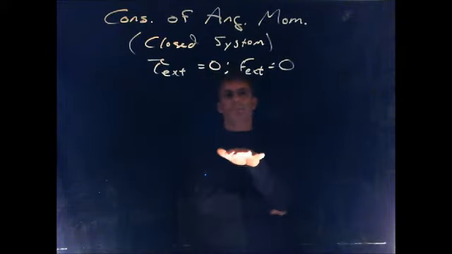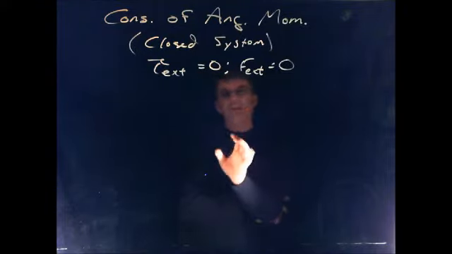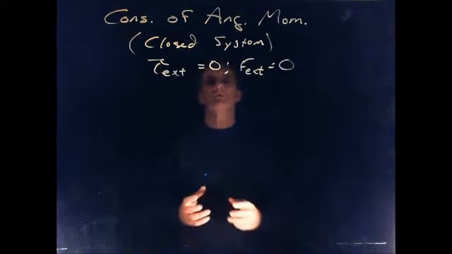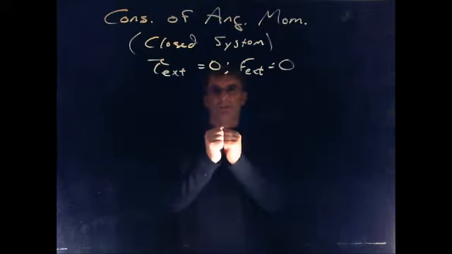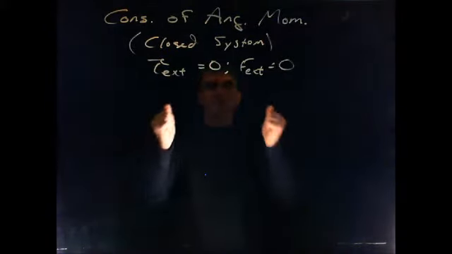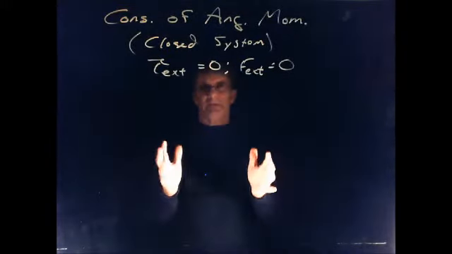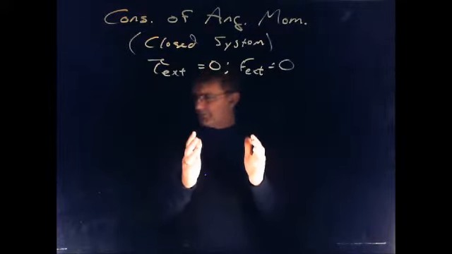So let's just talk about a couple of examples with conservation of angular momentum. These are a little bit different. With linear momentum, we're usually dealing with several objects interacting. We either begin with two objects or we begin with one and end with two. There are two masses, two bodies involved in linear momentum.